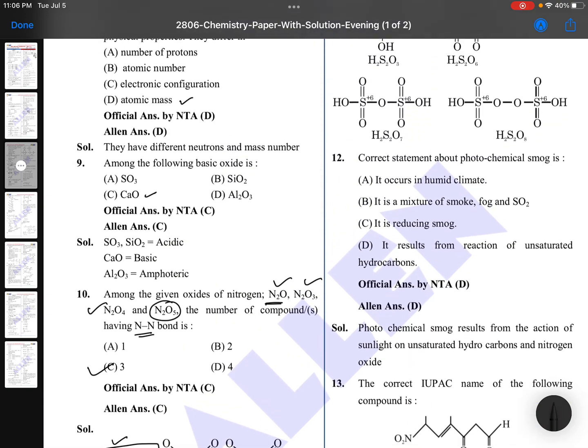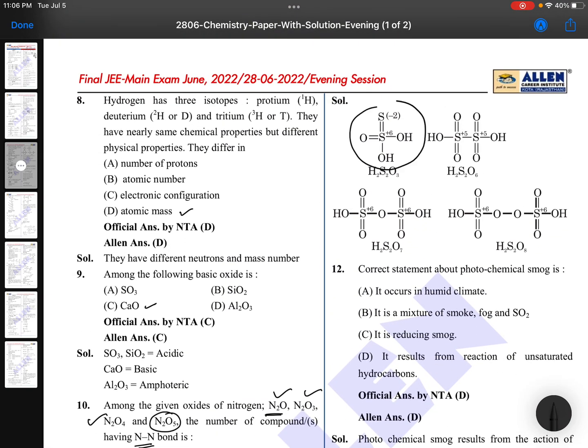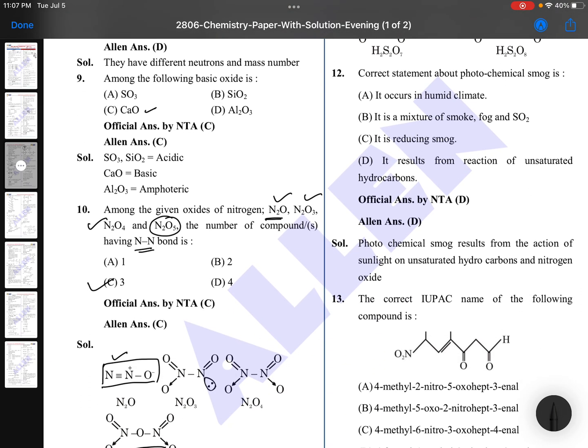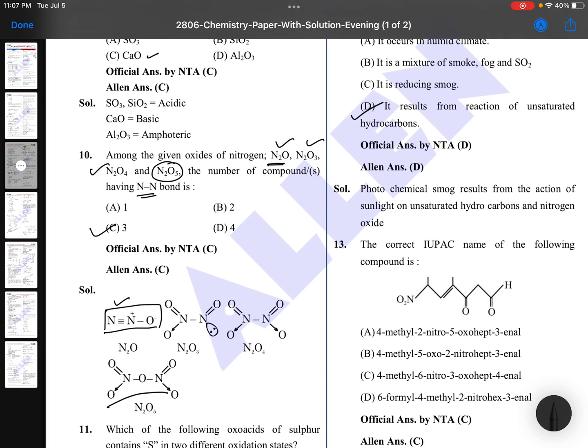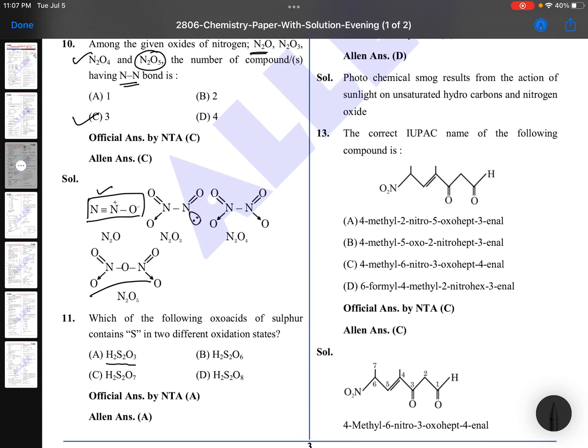H2S2O3, it's having a different structure like this. Here, sulfur bond is there, where this sulfur is in -2 state and this sulfur is in +6 state. Photochemical smog, this question we were discussing. This is unsaturated hydrocarbons. IUPAC name, this question we missed, I think. First one, second one, third one, fourth, fifth, sixth and seventh.